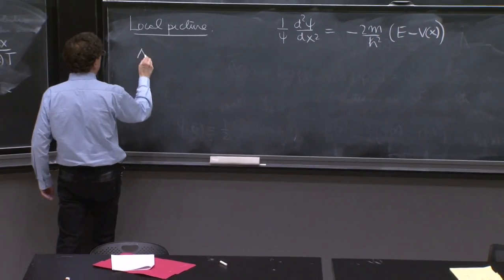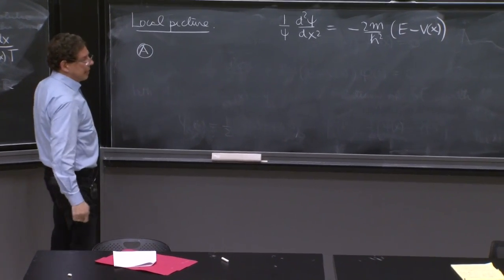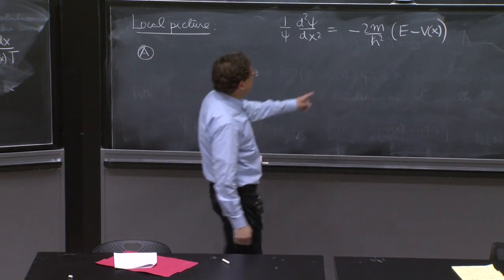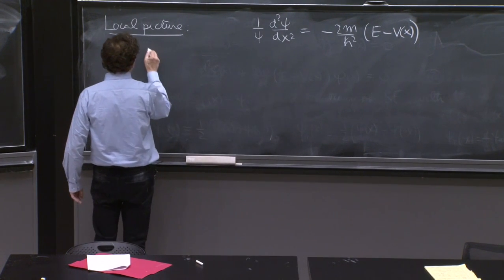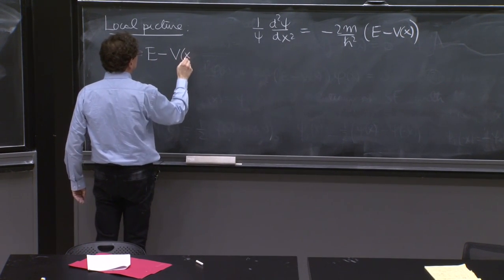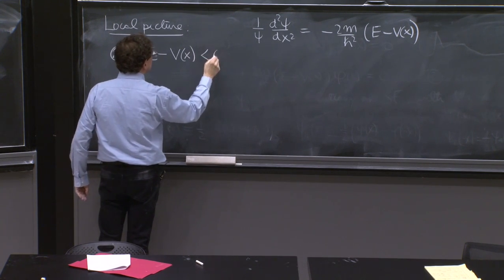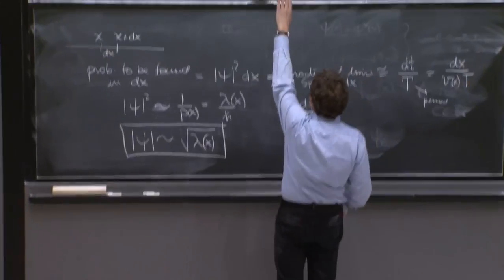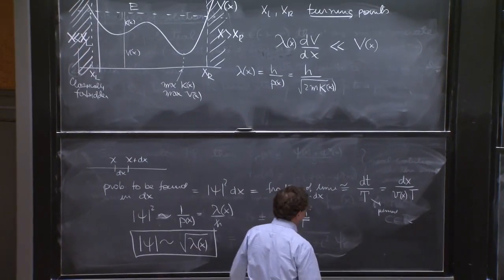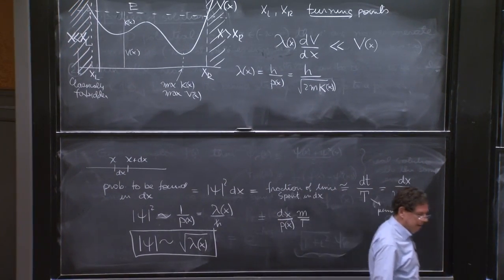So the first case, A, is when the energy minus V of x is less than 0. The energy is less than V of x. That's a forbidden region, as you can see there.